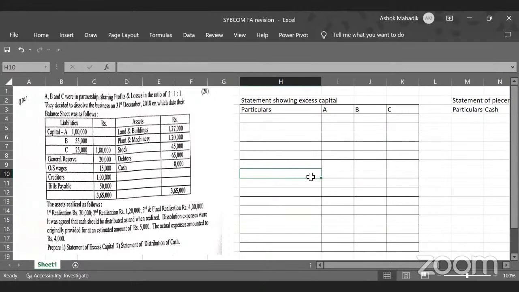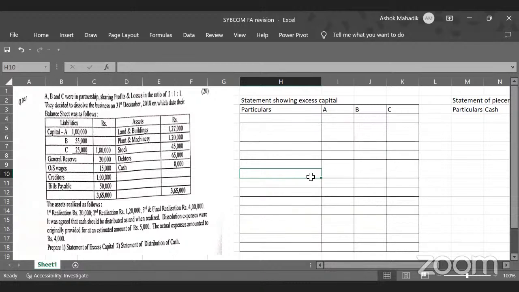Okay, so they have decided that they will close down the business. When they say close down the business, they will sell all their assets and will pay all the liabilities. So as per piecemeal method, whenever cash is available, it is distributed amongst the liabilities.